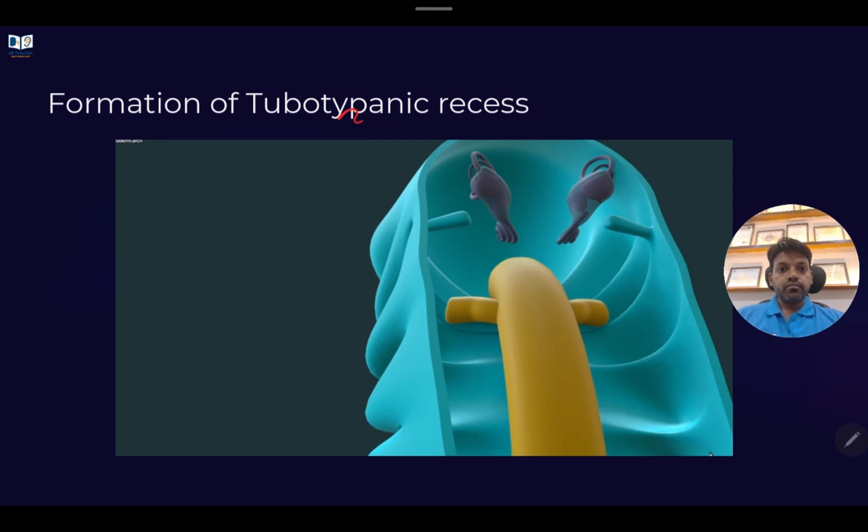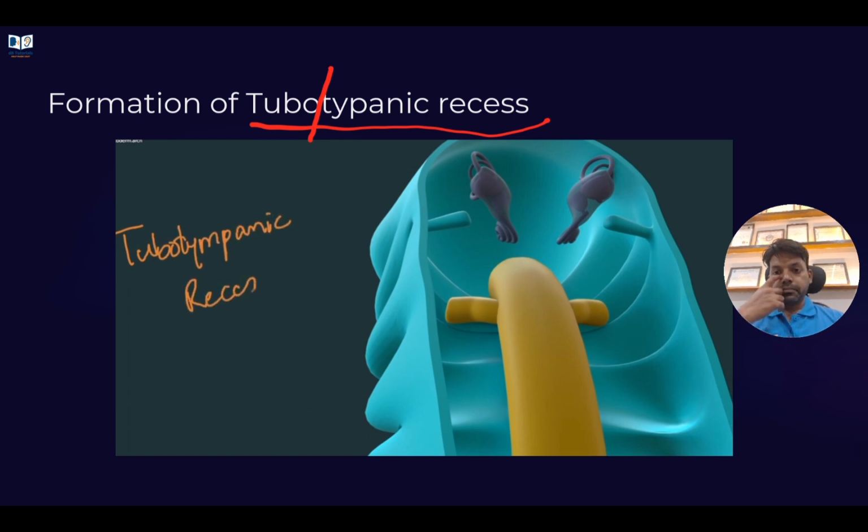Tubo means there is a tube and tympanic means related to the ear. So it forms the tubo-tympanic recess.